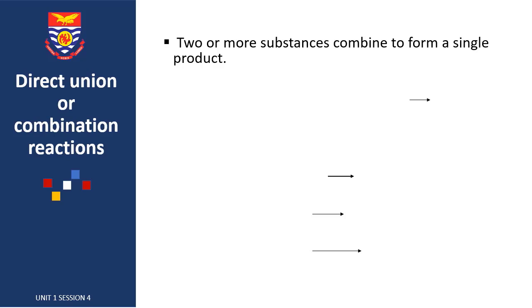At the left side, it could be 2, 3, or more, but they will all have to come together to give us the product. An example is a hypothetical equation where A is reacting with B, but that is not going to give us C plus D, but it is giving us AB.